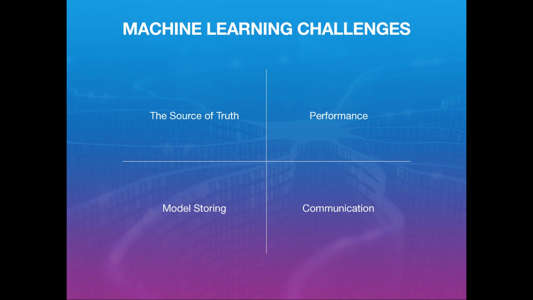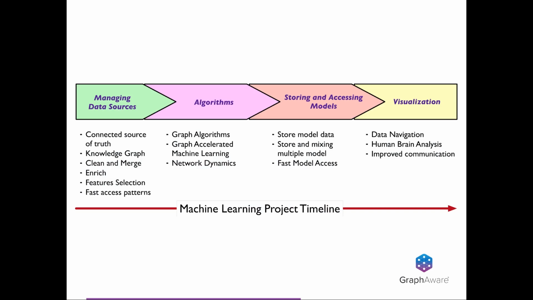And directly related to the performance, there is the way in which you actually store the models that you will use for providing forecasting, because the speed at which you will store it and access it will impact your performance. And finally, of course, the way in which you communicate the results of your analysis is critical in a lot of scenarios. So starting from these challenges, graphs provide support in each of those.